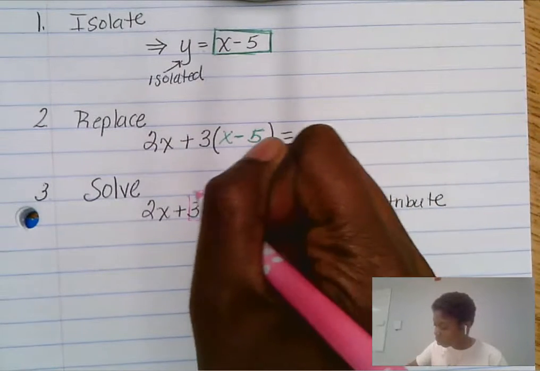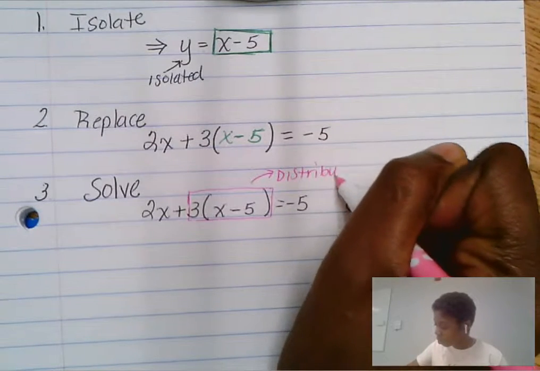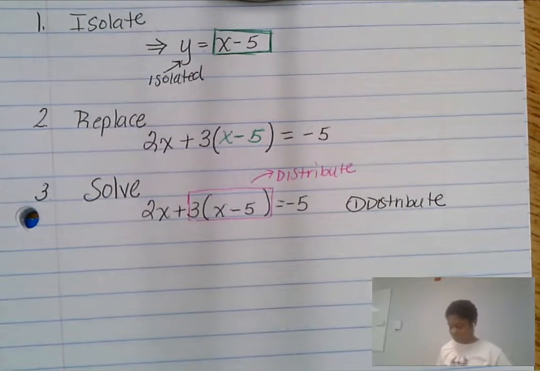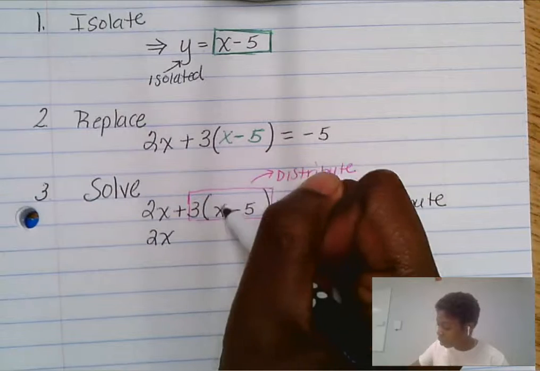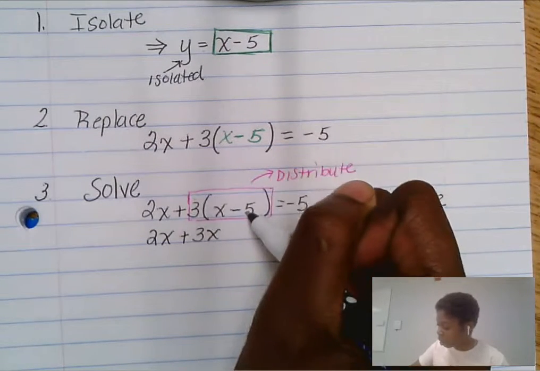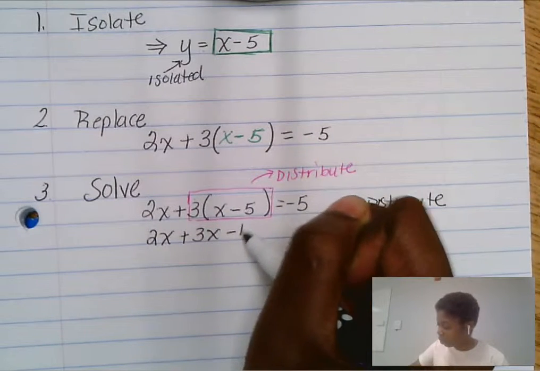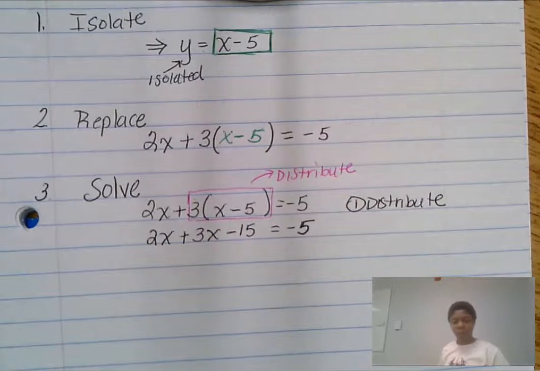This is what we're going to distribute. So when we distribute that, we're going to get 2x, 3 times x is 3x, and 3 times negative 5 is minus 15, equals negative 5.